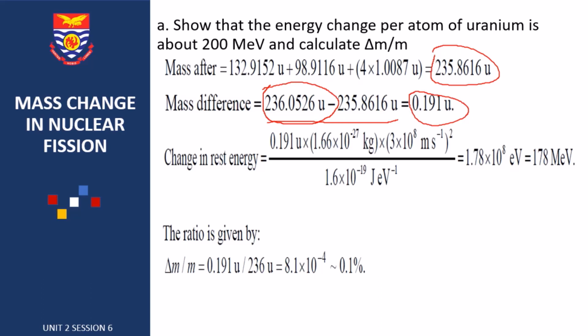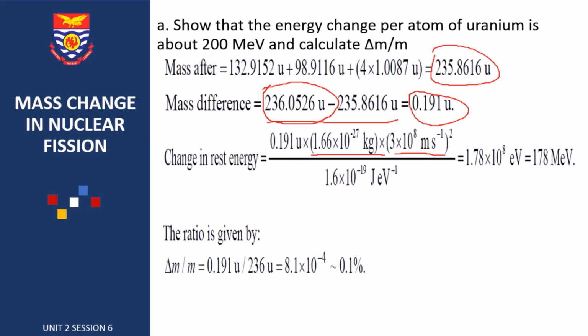But the problem is we should find the change in energy. So to get the change in energy, we multiply the mass defect by the speed of light squared. Our mass defect or change in mass is in U. That's atomic mass unit. So we need to convert it to kilogram. And to do that, we multiply by 1.66 times 10 to the power negative 27. That will convert it to kilogram. Then we go ahead to multiply it by the speed of light squared, and that will give us the energy.